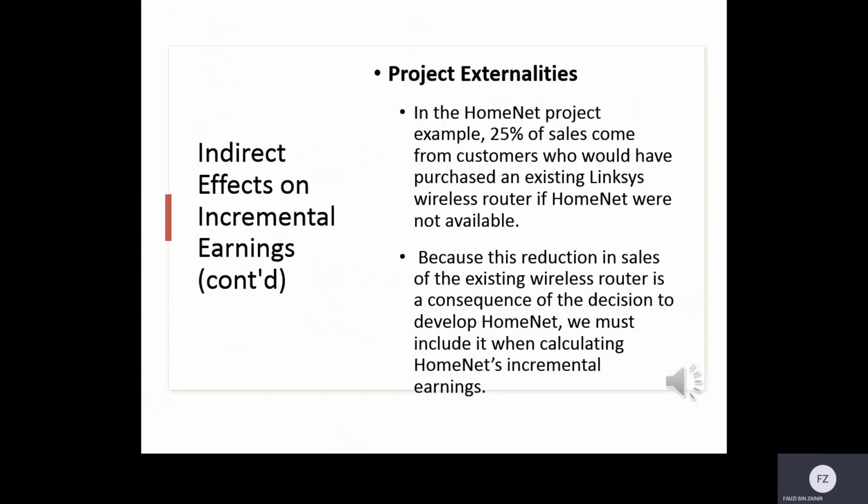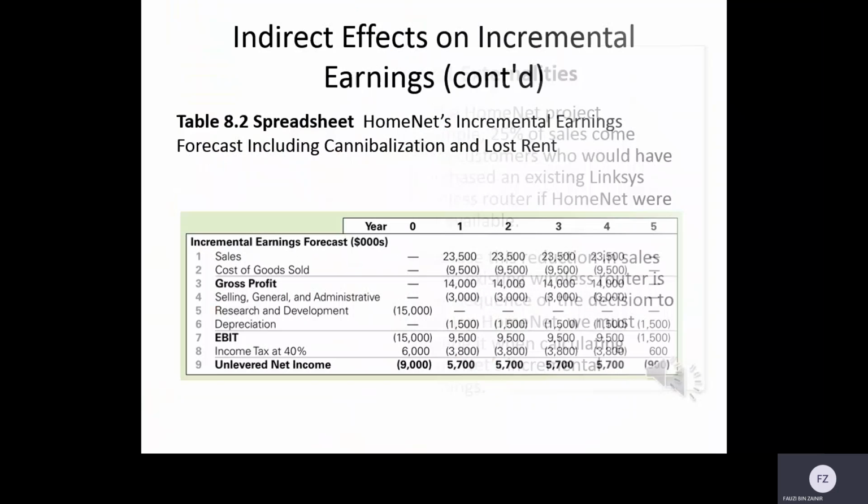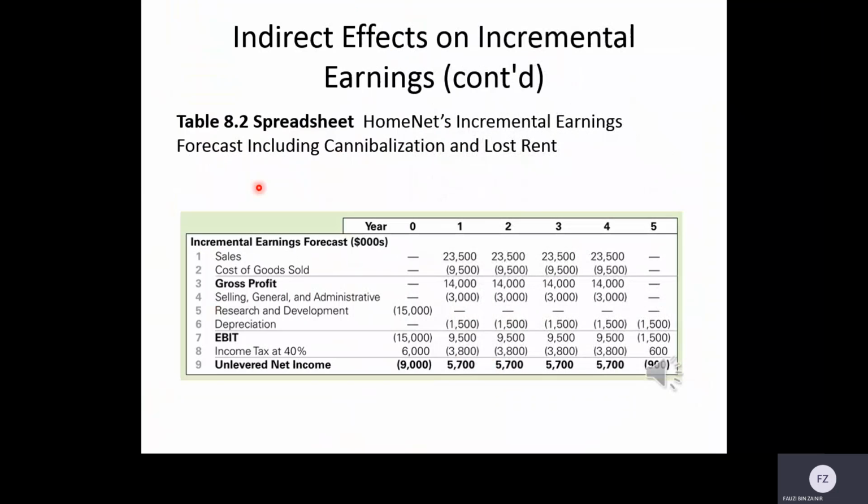As a result, what we're going to show is the spreadsheet of HomeNet's incremental earnings forecast, including cannibalization and the lost rent. So here is what is also shown in Chapter 8.